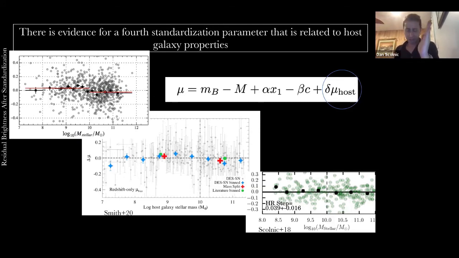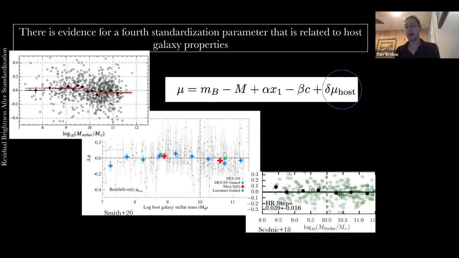And there's some cut at log host mass of 10 to the 10. And you say, okay, any supernovae that are on one side versus the other will get a 3% bump one way or the other. And that's in evidence from the data. You can look at the data, you can see a little something there. I think this is significant, but it's relatively small.